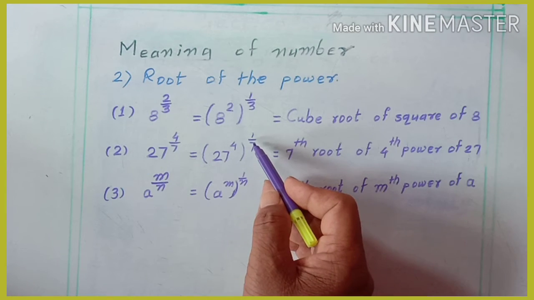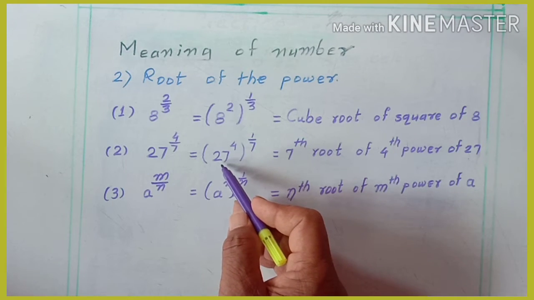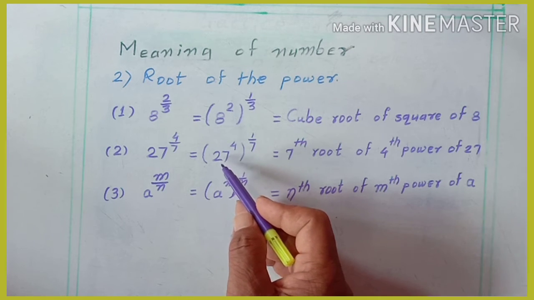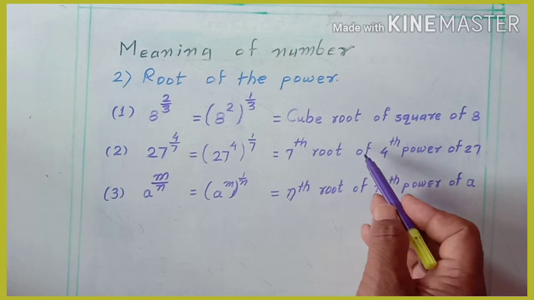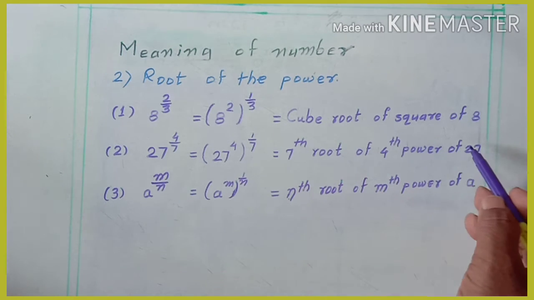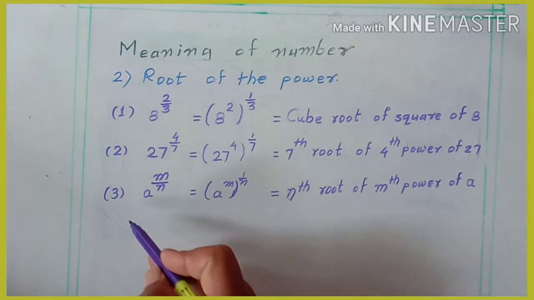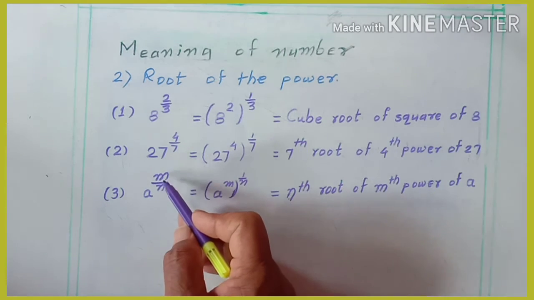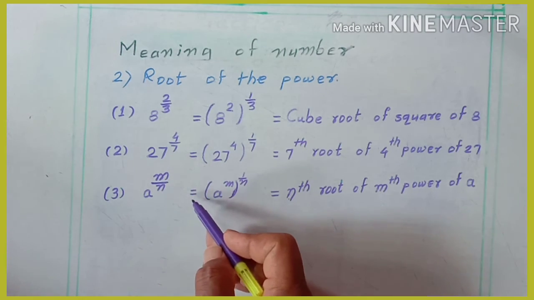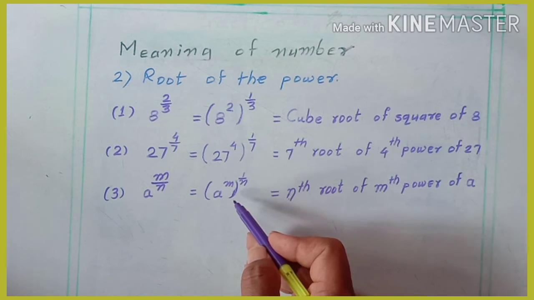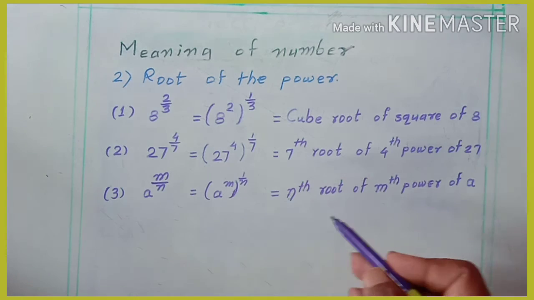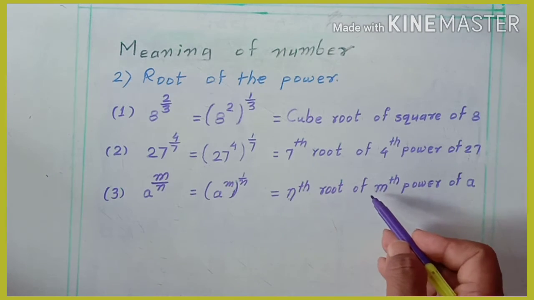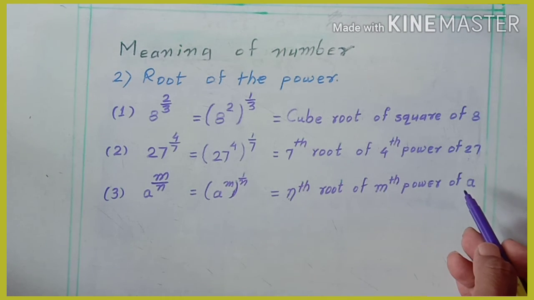Second, seventh root of fourth power of 27. Third, a raised to m upon n is equal to nth root of mth power of a.